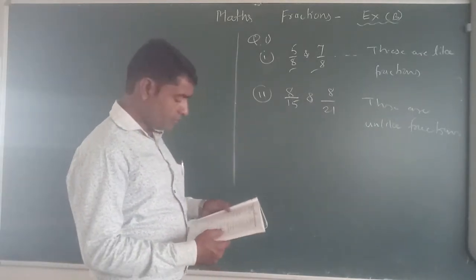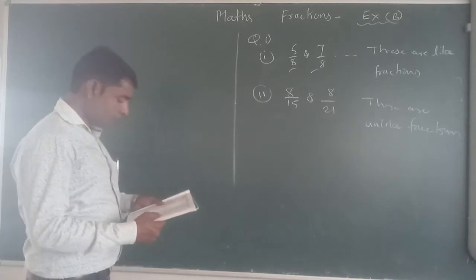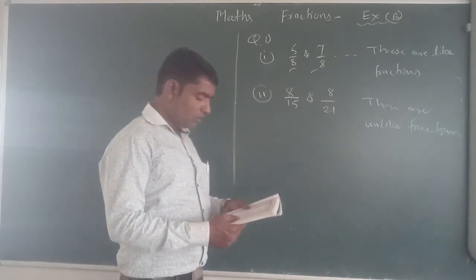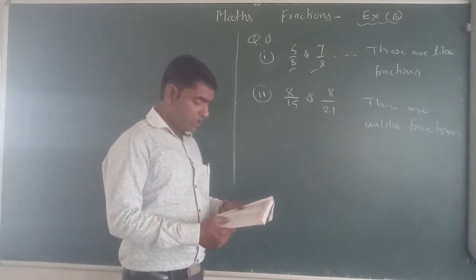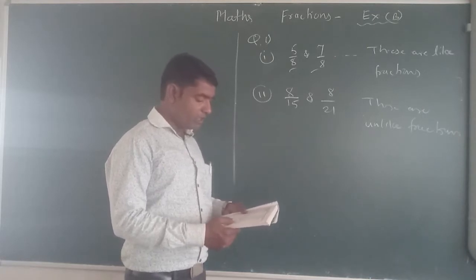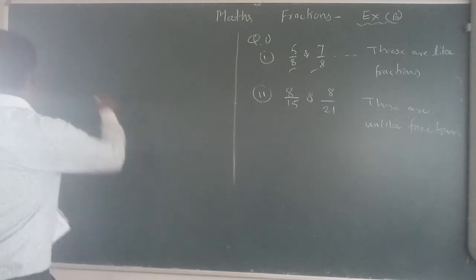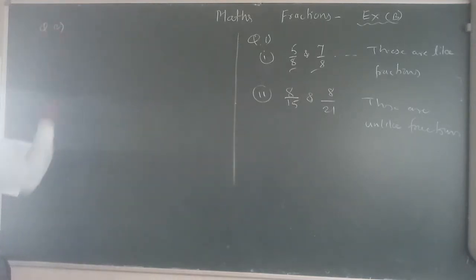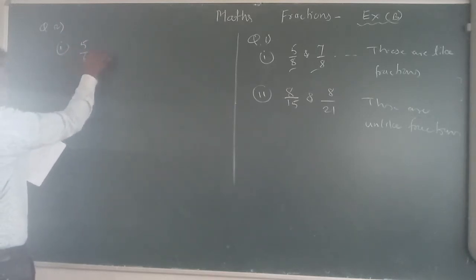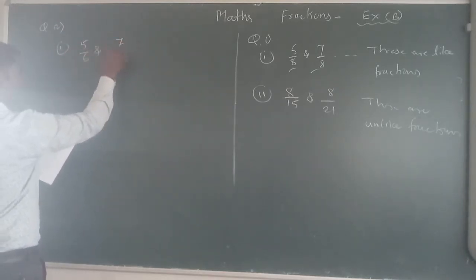Now see the second question: convert given fractions into fractions with equal denominators. That means we have to convert them into like fractions. In question second, the first one is 5 by 6 and 7 upon 9.